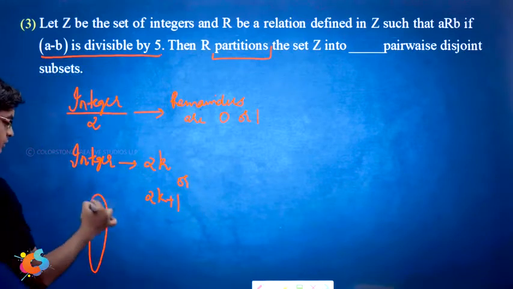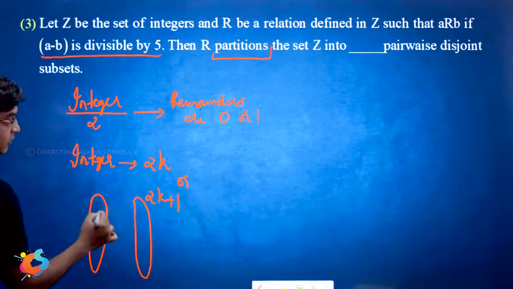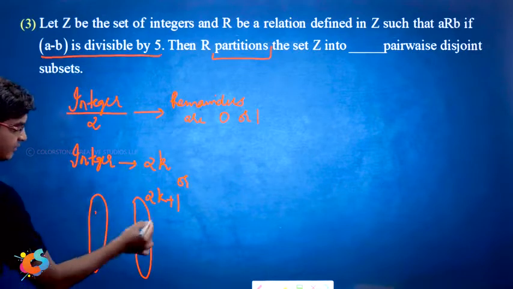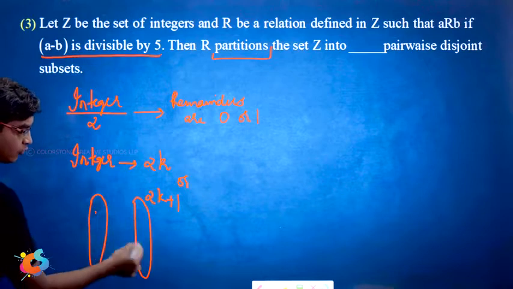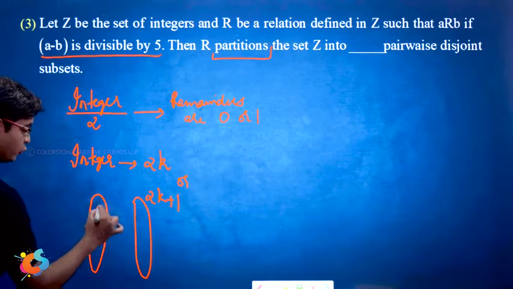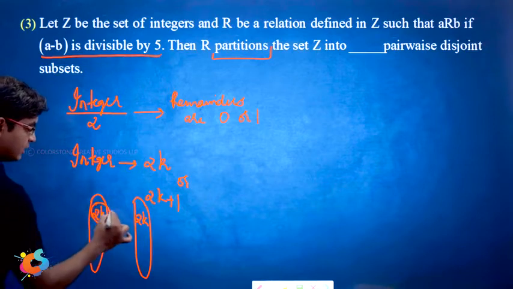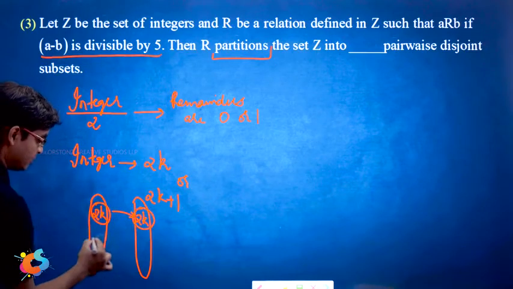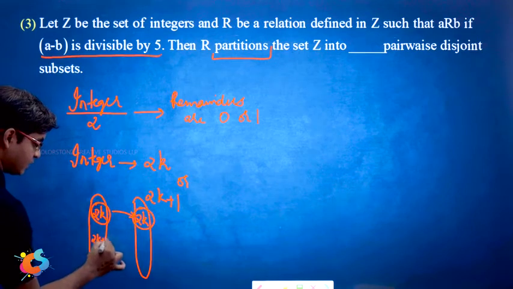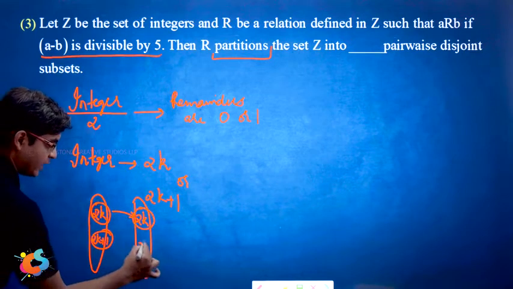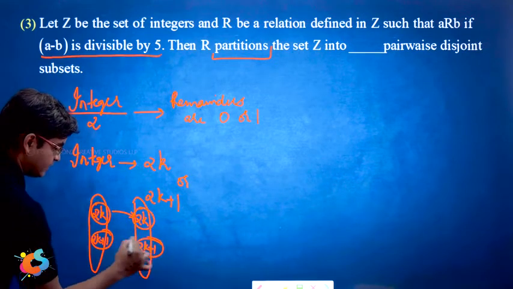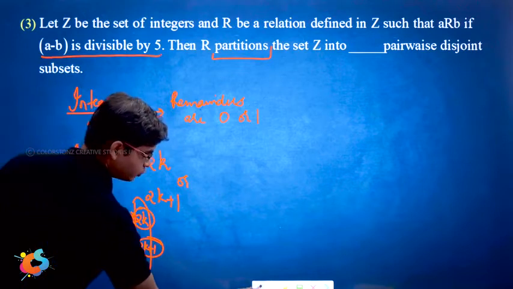We got the number of partitions as 2 because even was being mapped to even and odd was being mapped to odd. Any 2k type number mapped to any 2k type number gives a difference divisible by 2, and any 2k plus 1 type number mapped to any 2k plus 1 type number also gives a difference divisible by 2.